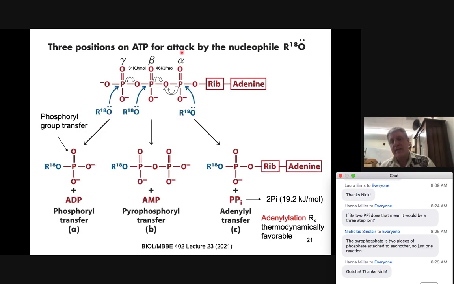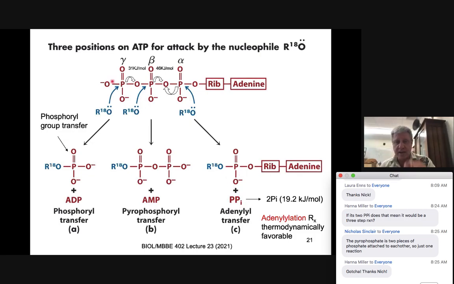If we attack the alpha position of the phosphate group again with a radio-labeled oxygen, we're going to remove, in this case, the pyrophosphate and still produce the radio-labeled constituent at this position, producing the adenyl transfer group and this pyrophosphate component.